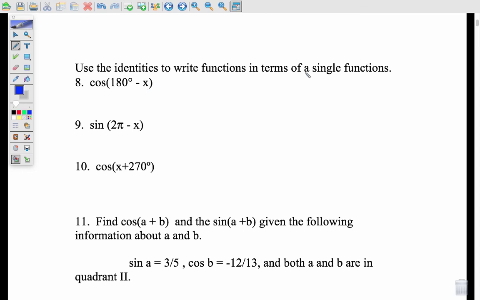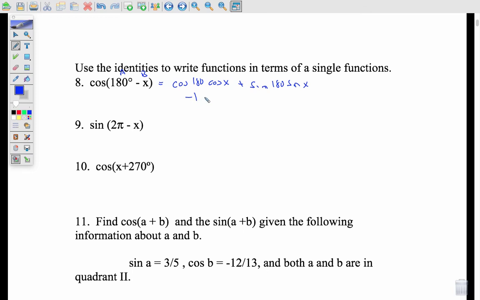Oh, we'll move on here. We use our identities to write functions in terms of a single function. So notice we have a variable here. We're just going to simplify this down as much as we can using values off of our unit circle. So cosine of 180 minus x is the cosine of 180 times the cosine of x plus the sine of 180 times the sine of x.